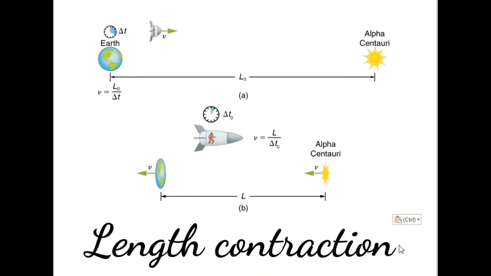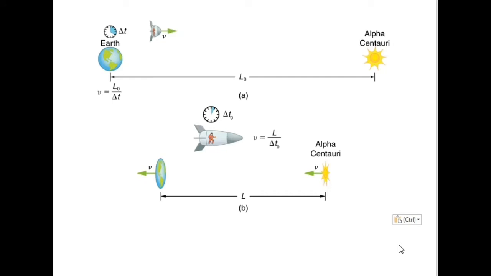Okay, so the next part would be about length contraction. In time dilation, the time changes also with respect to the observer. The observer on Earth will measure a different time from our observer in the spacecraft. When we say proper time, and the spacecraft is moving, the proper time is the one measured by the observer inside the spacecraft.